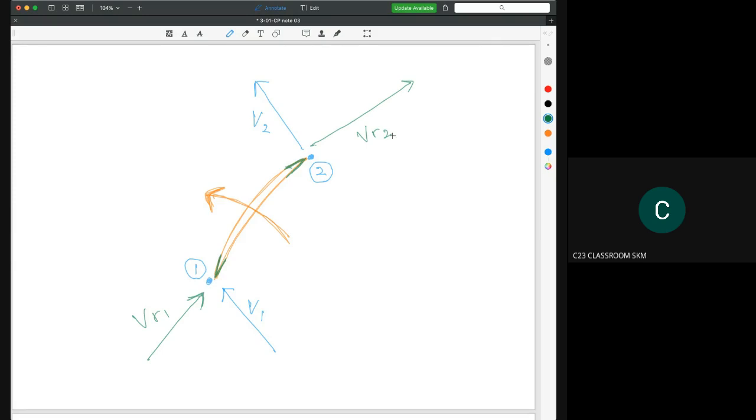Okay. And then because the rotational speed is counterclockwise, rotating from right to the left like this one, the tangent velocity is also from right to the left. So we draw like this.